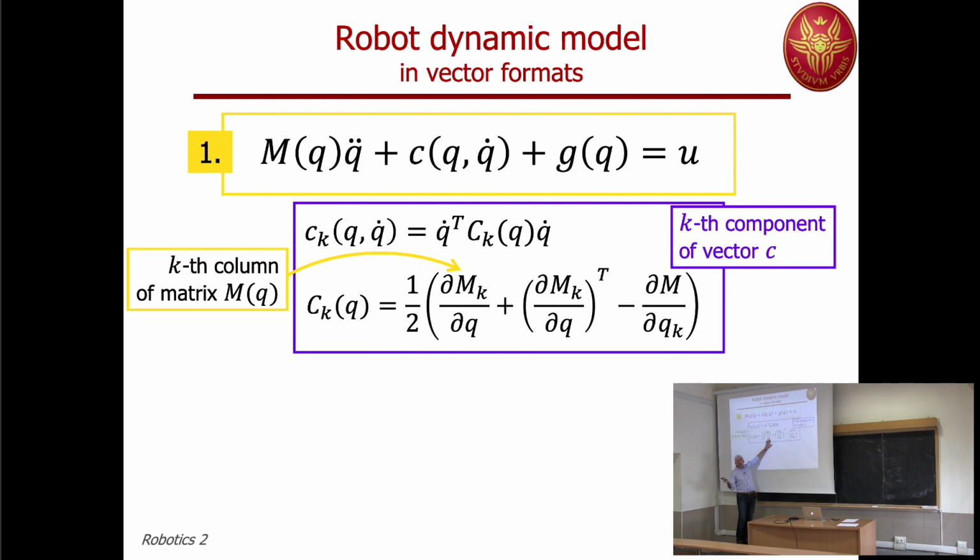This, in general, is a non-symmetric matrix, but in fact, we have seen in the scalar version of this that you can add the transpose and then divide by 2, and then you symmetrize this part. And then you have to subtract, this is the other contribution coming in the Christoffel symbol, the derivative of the whole matrix with respect to the scalar qk.